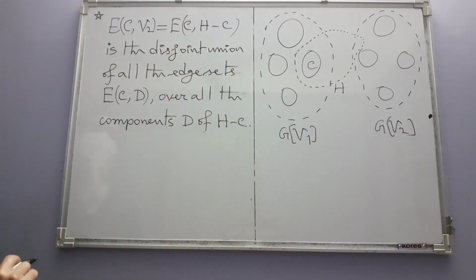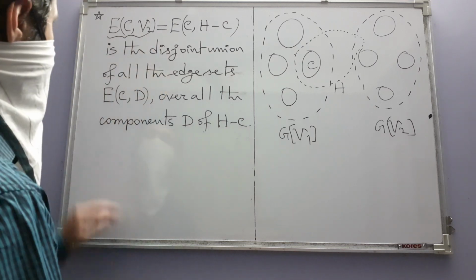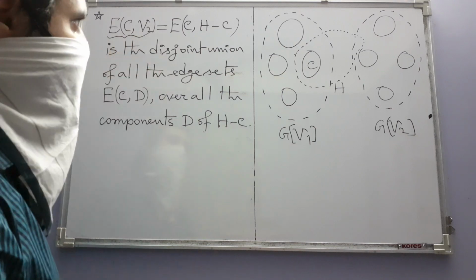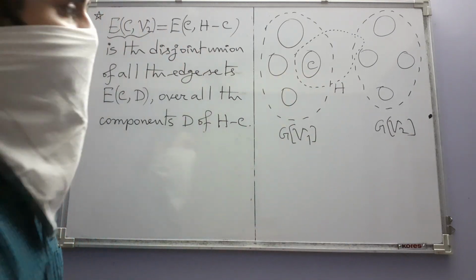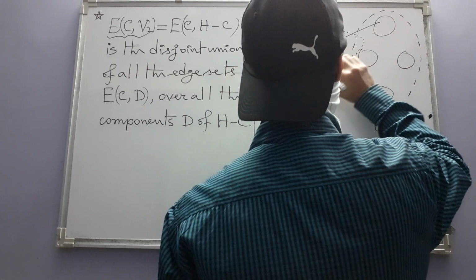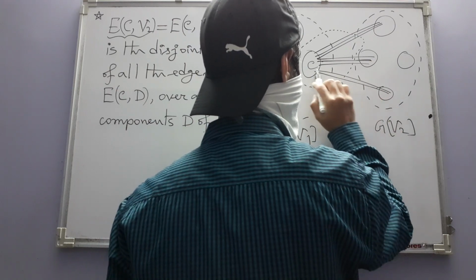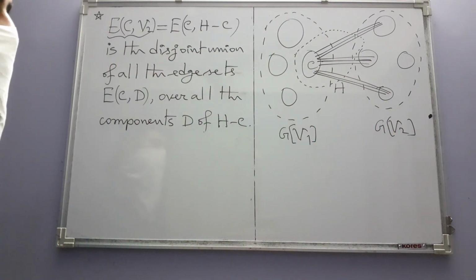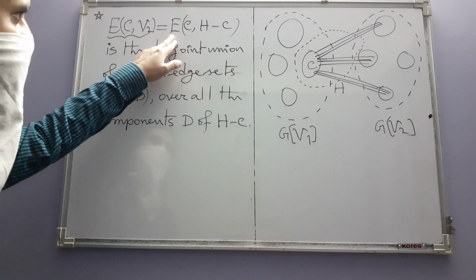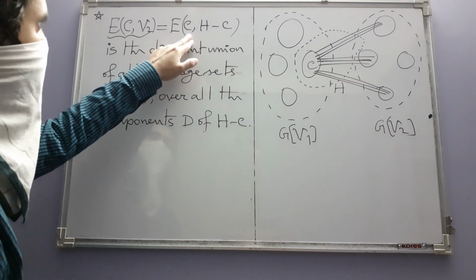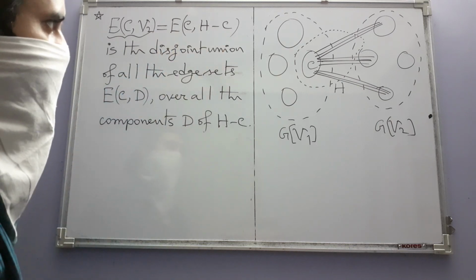Now what we are saying is that this set of edges, that means all the edges between C and V2, there may be many such edges like these, and which is just simply the set of all edges between C and H minus C. Okay, now here is the thing.